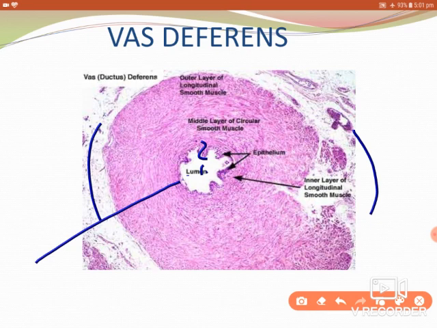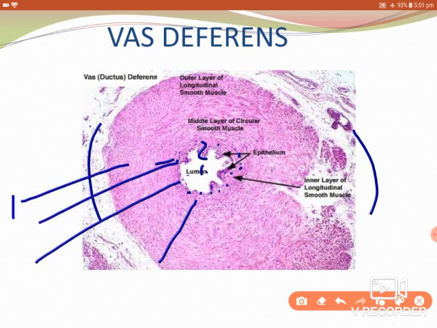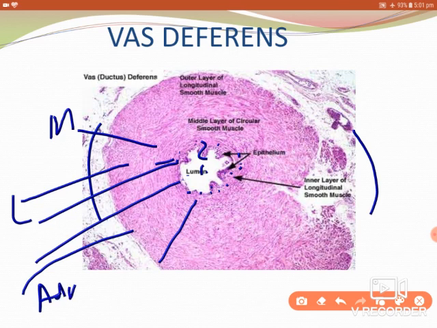Deep to the lining epithelium there is a thin layer of lamina propria, connective tissue. This is a thick muscular cord, with inner and outer longitudinal layers, and in the middle a circular layer. Then outside there is connective tissue that forms the adventitia.